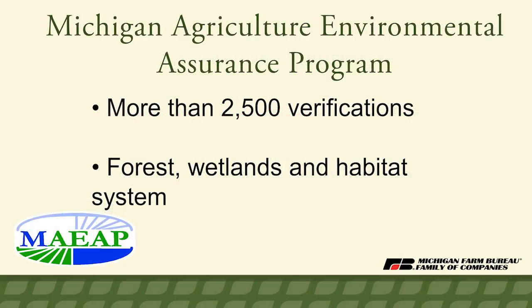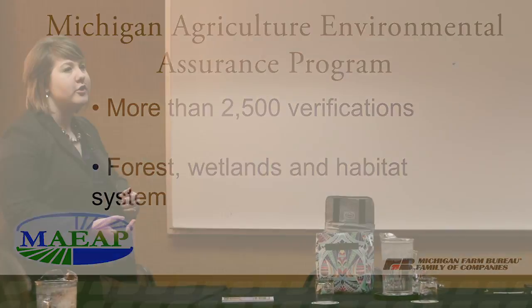The MEEP program, Scott had mentioned that earlier. How many of you are aware of the MEEP program? Lots of us, definitely. So we've celebrated more than 2,500 verifications. The program is growing each and every day. We've also added a new system, the Forest, Wetland, and Habitat System, to have a whole farm approach.